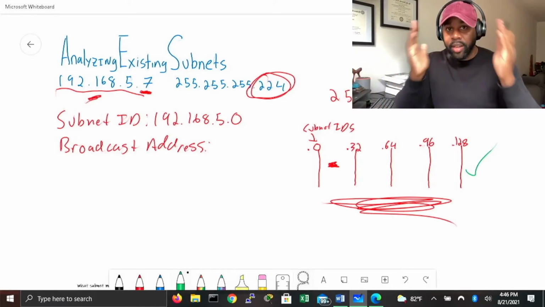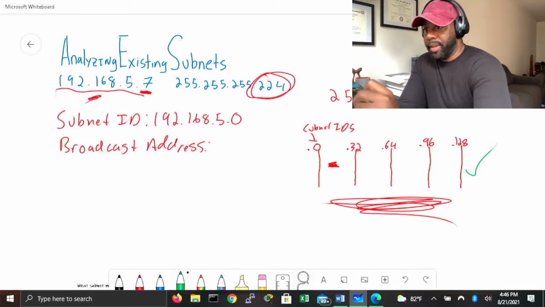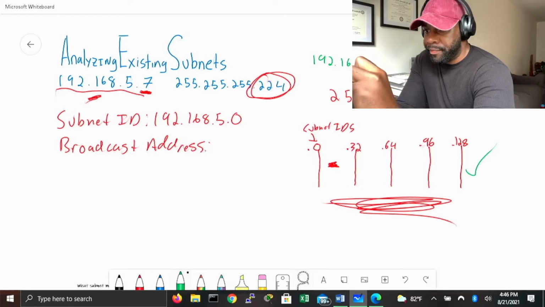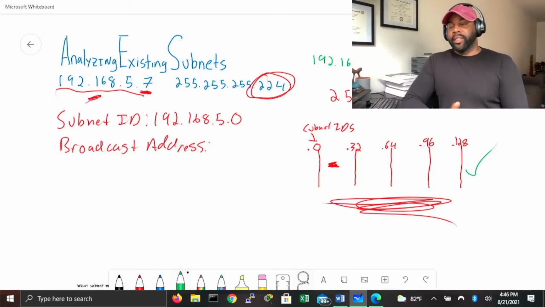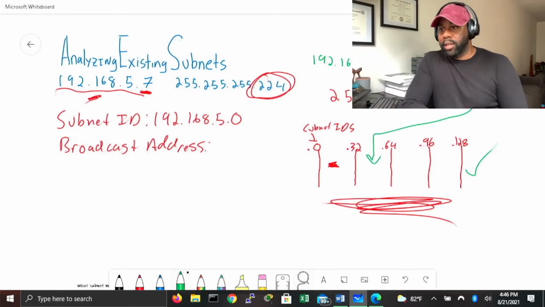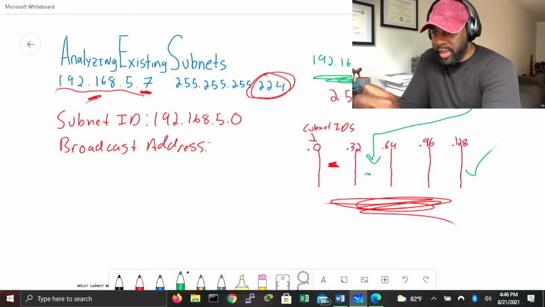Now, just for argument's sake, or just to understand this little drawing, because this is how you're going to visualize the subnet setups, let's say we're given another IP address. Which subnet is the IP located in? It's going to be here, because this IP address falls within this range.